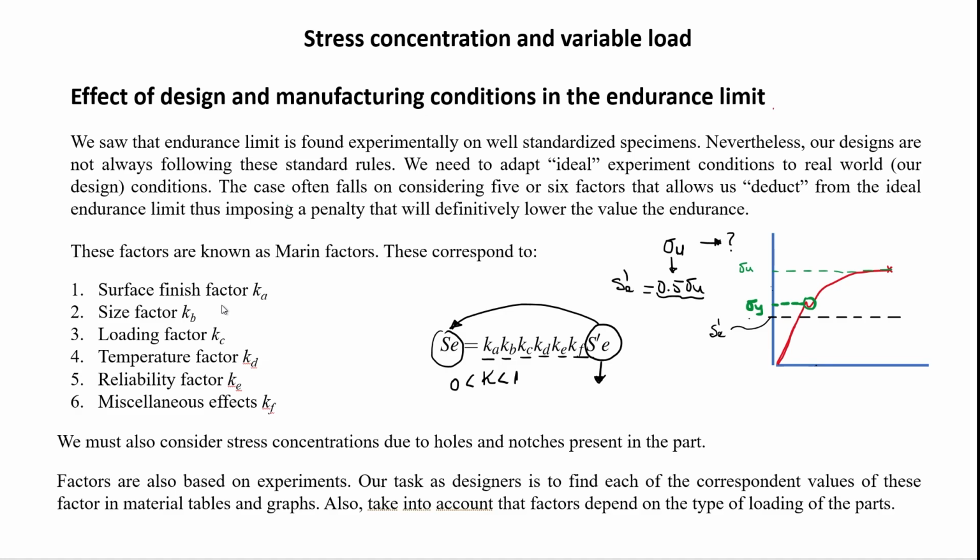And the sixth one is the most critical of everything and the least studied in our academics. It's called miscellaneous effects, meaning that whatever else affects fatigue, we're going to put it in one big basket and call it miscellaneous effects. Imagine that, miscellaneous effects. Whatever comes, we put it there. So we don't consider them independently, but they're called miscellaneous effects, and they're very complex to determine. And in the end, as we're going to see in one of our slides, we're going to say, you know what, just forget about it and let's use 1 for that.